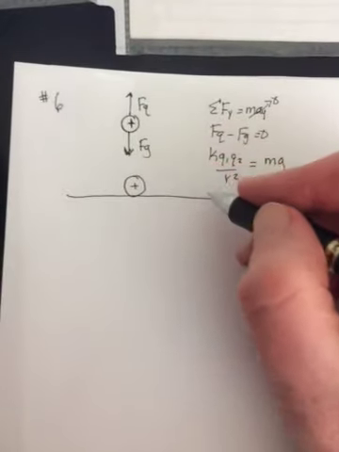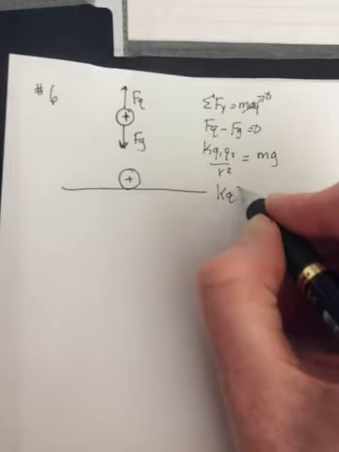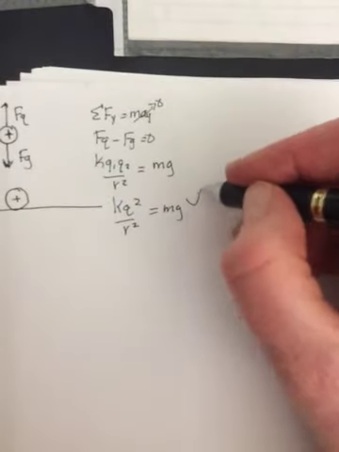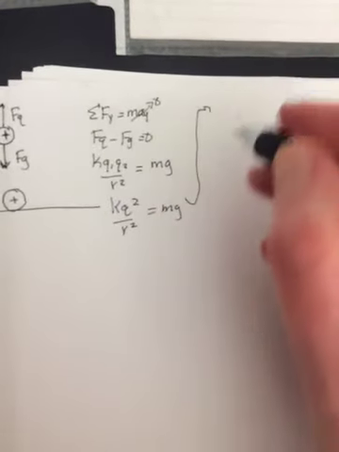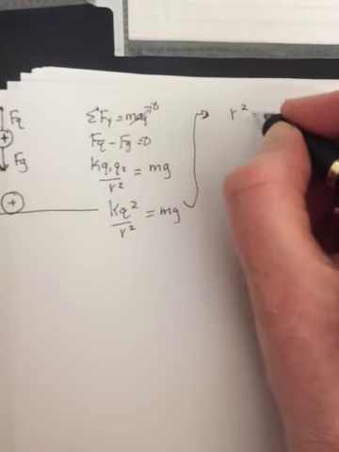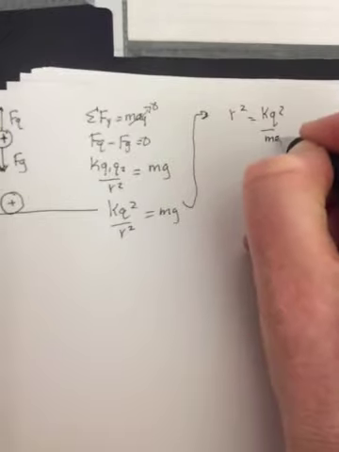And they're both protons, which means the Q's are the same. So kq squared over r squared will equal mg. And we're looking for r. Where should it be placed? So r squared will equal kq squared over mg.